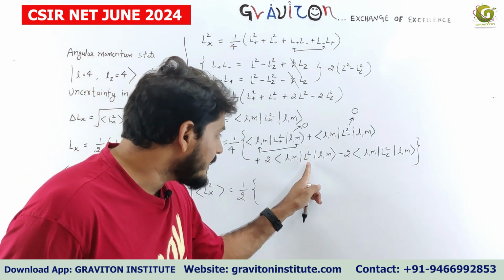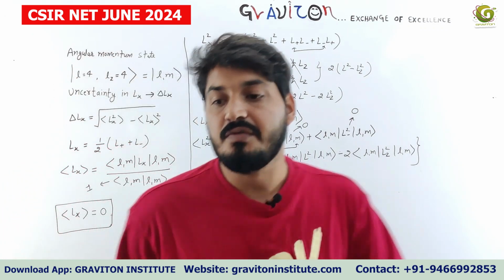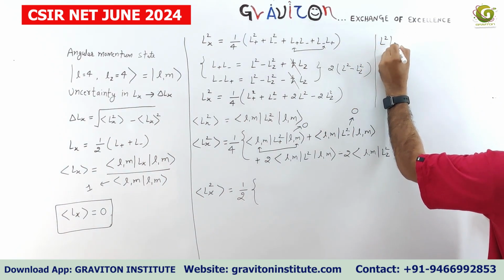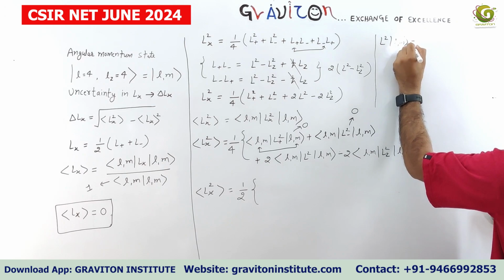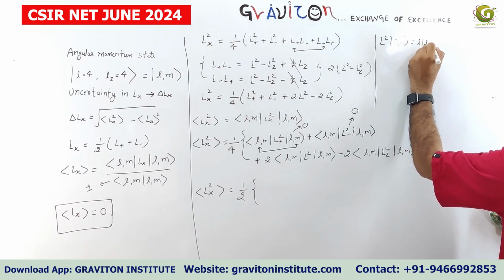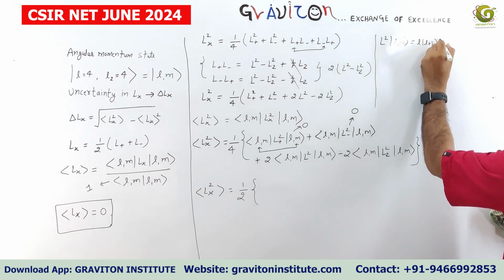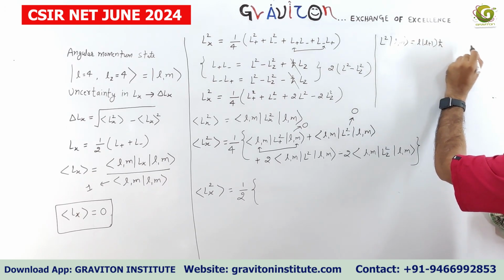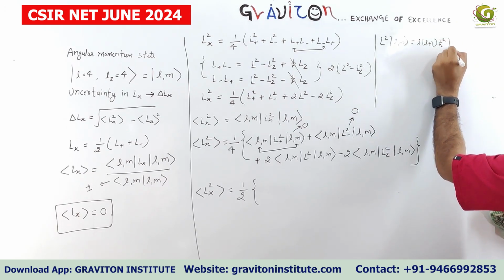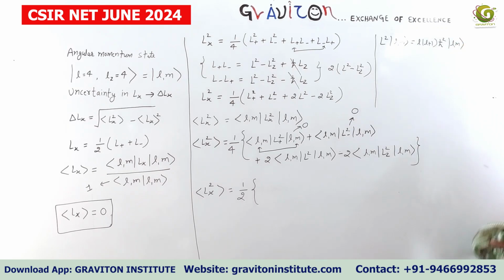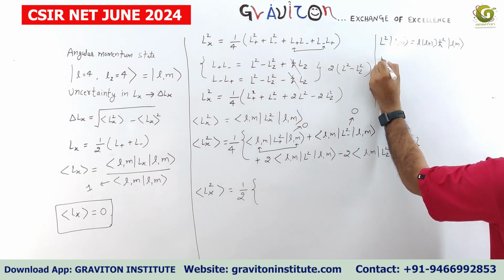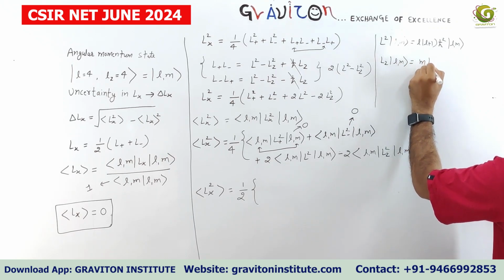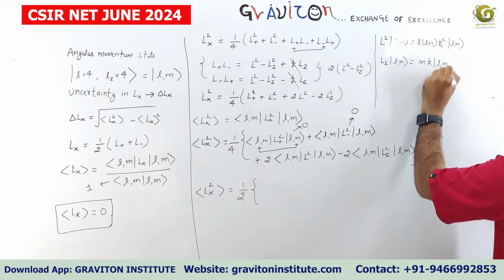So if you operate L² on any state, then what you will get, you know this thing. If you operate L² on any state Lm, this will give you L(L+1)ħ² Lm. Similarly, if you operate Lz operator on any state Lm, this will give you mħ Lm.